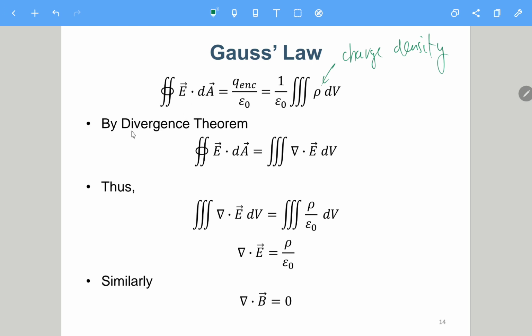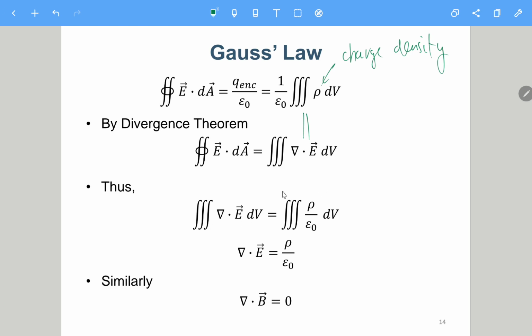Using the divergence theorem, the left side becomes the triple integral of the divergence of E. So this triple integral equals this triple integral.